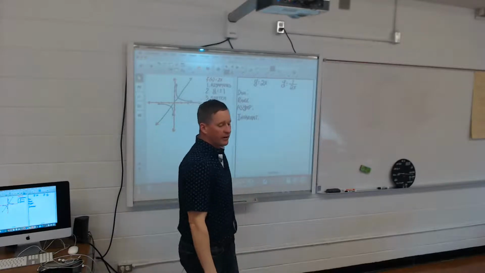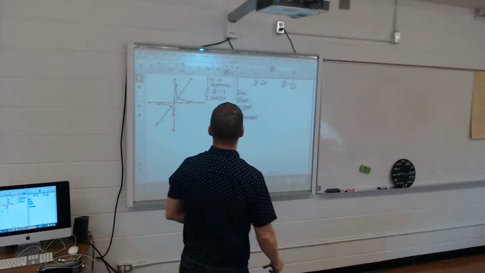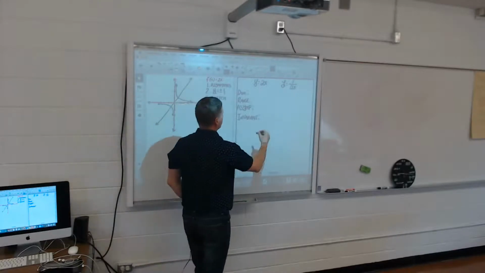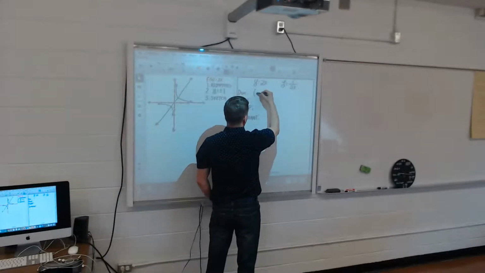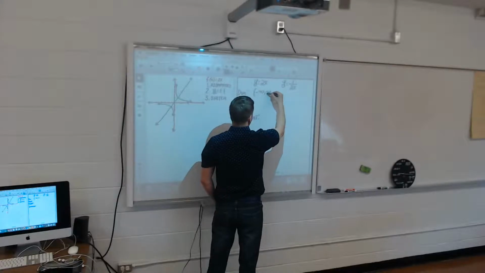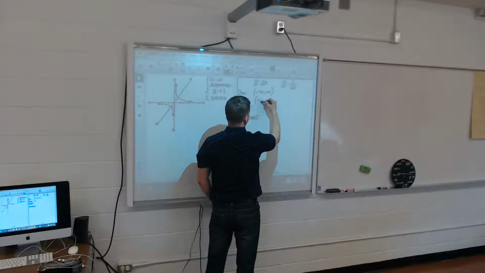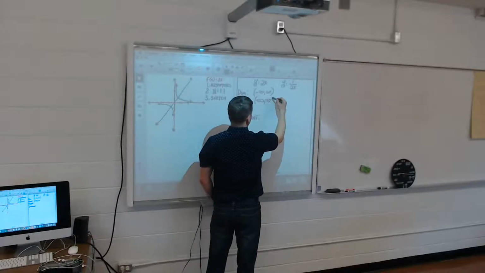So the domain for y equals 2x. Well, y equals 2x is this green line right here. We know that the domain for this is negative infinity to positive infinity. The range, also negative infinity to positive infinity.